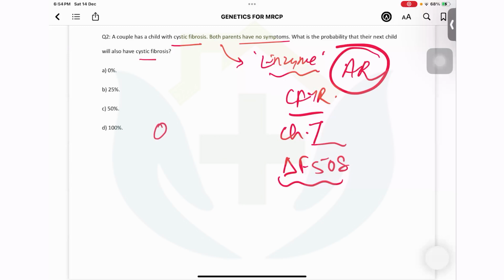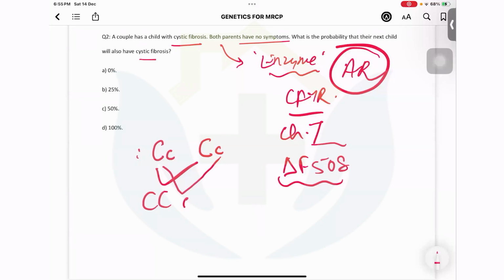So let us draw that this patient has cystic fibrosis. Let us say we mention it small c. So this is a male who has a small c, capital C. Female also has small c, capital C. So Cc.